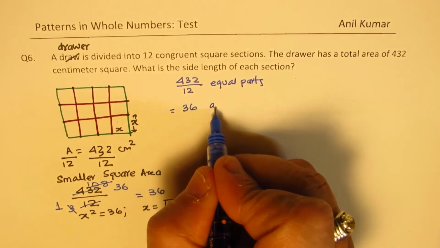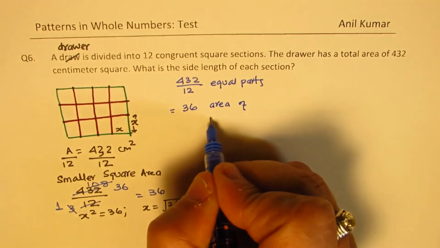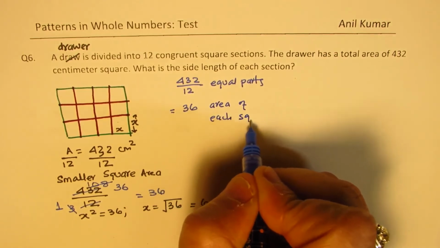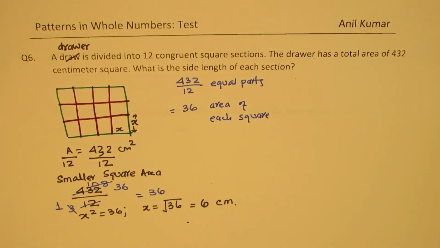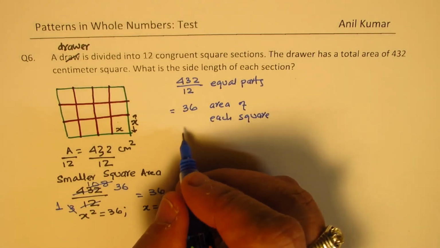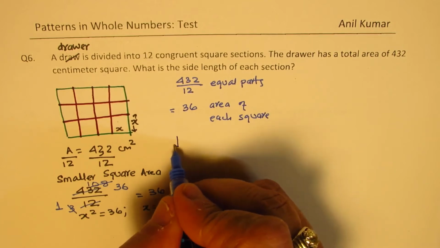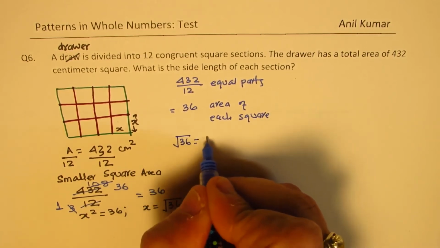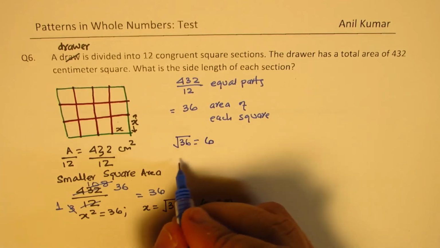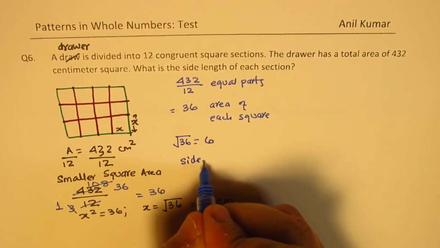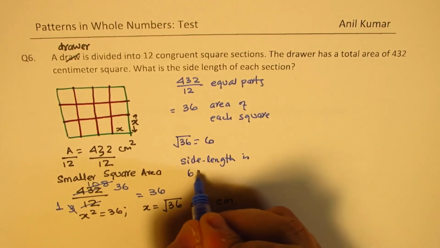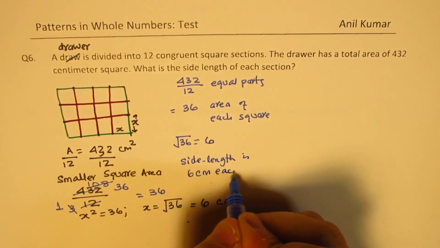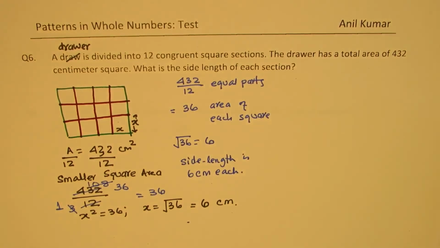Now 36 is the area of each square, so square centimeters, right? So the dimensions will be the square root of 36, which is 6. So each side of the square, the side length, is 6 centimeters each. So that is how we will get the side length of each section.